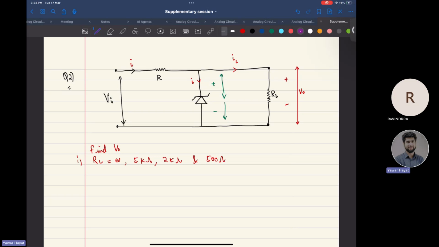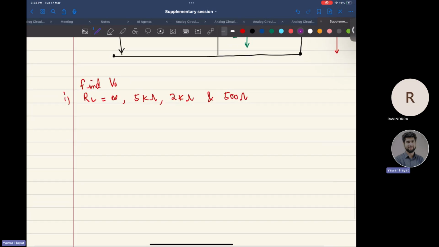I hope you are aware of this Zener diode model. You would have been taught this, right?